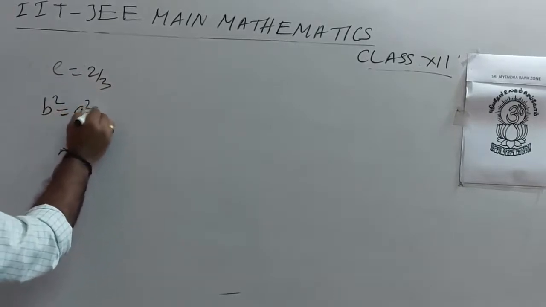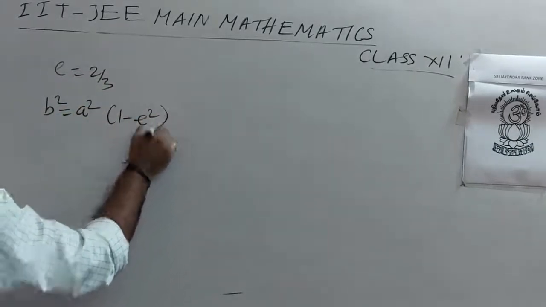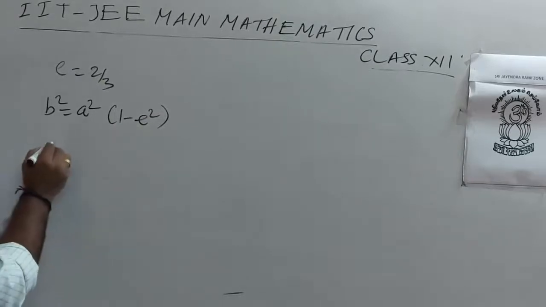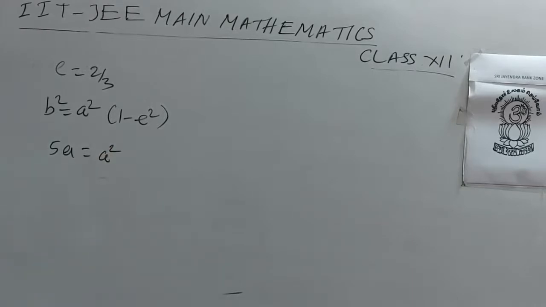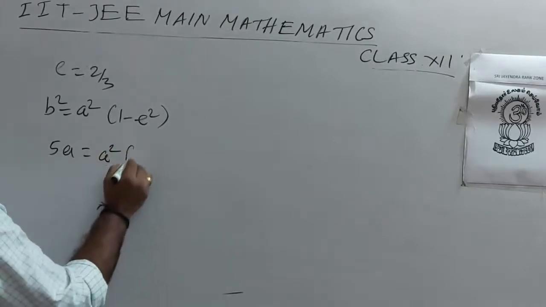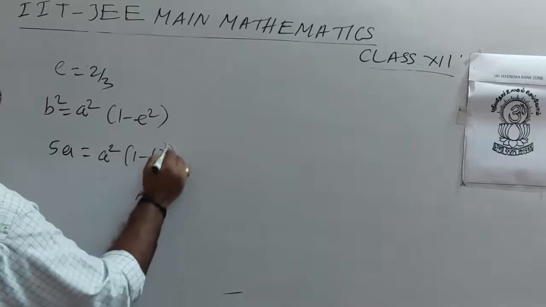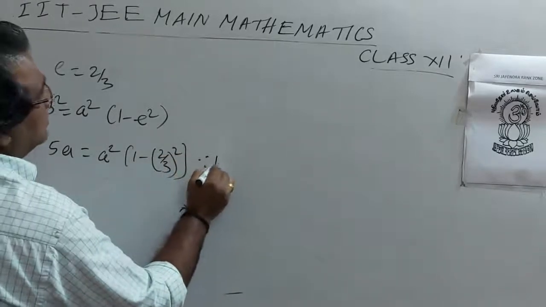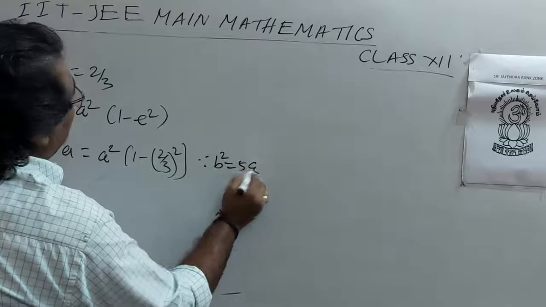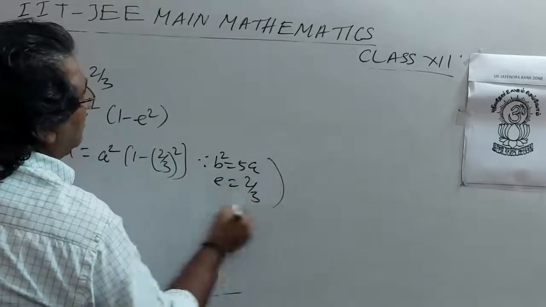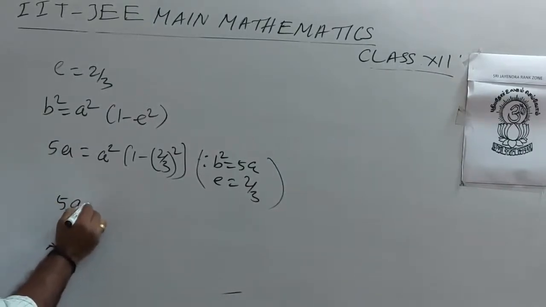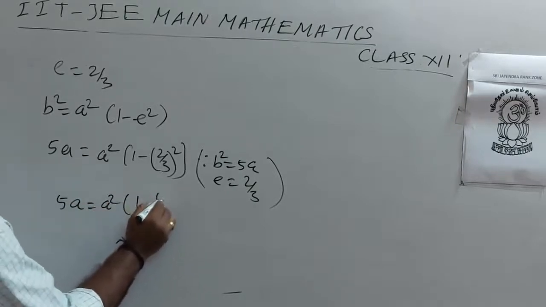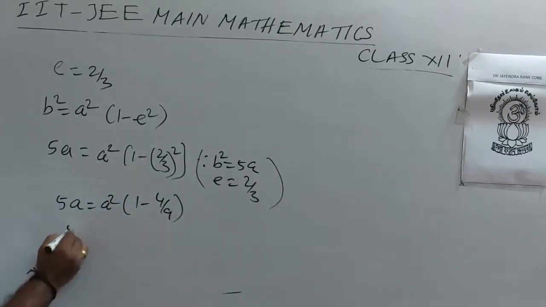So b squared equal to a squared into 1 minus e squared. Since b squared equal to 5a, e equal to 2 by 3: 5a equal to a squared into 1 minus 4 by 9, 5a equal to a squared into 5 by 9.